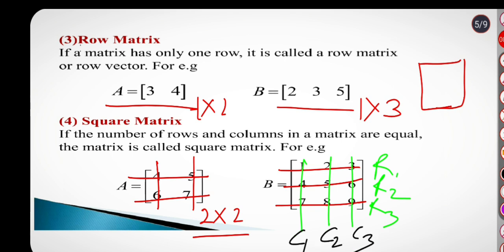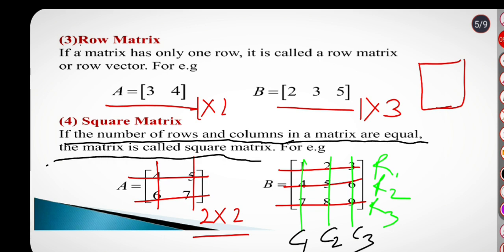You can see that this matrix is of 3 cross 3 order with 3 rows and 3 columns. So we can say that this is a square matrix by the definition of a square matrix: if the number of rows and columns in a matrix are equal, then the matrix is called a square matrix. For example, you can see that.